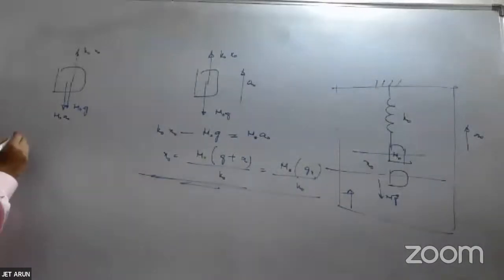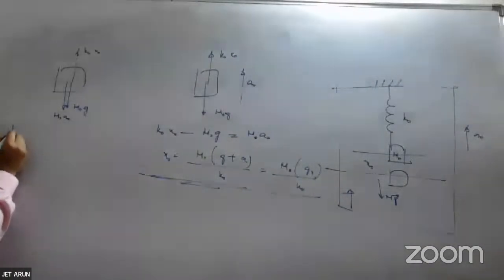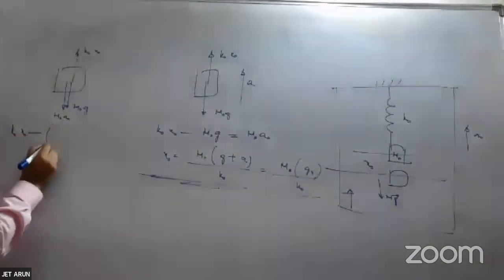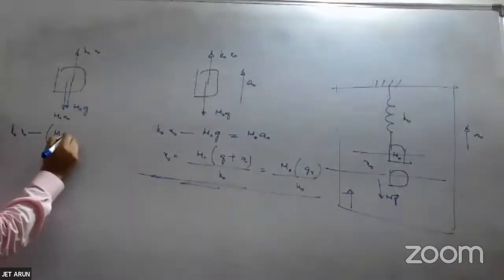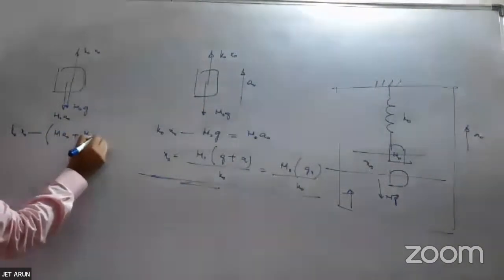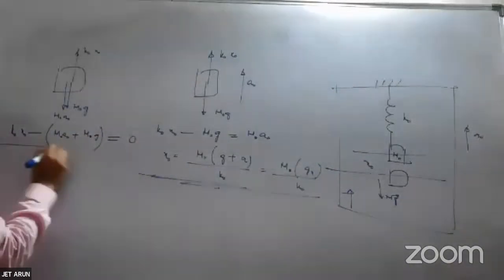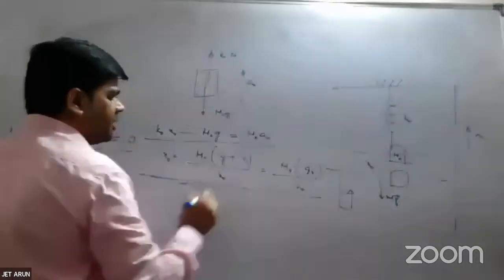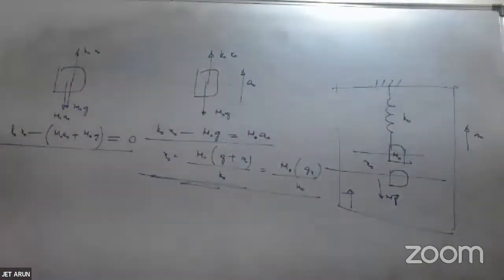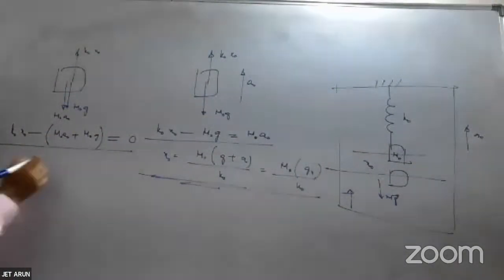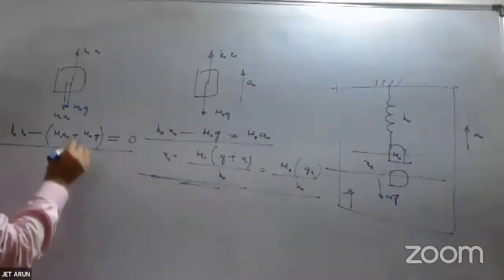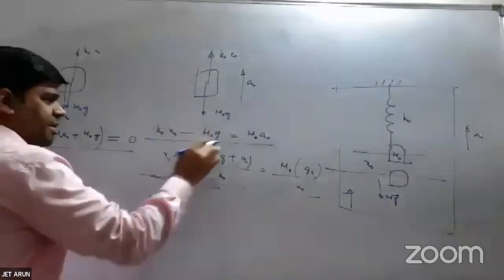All right, let's write the equations now. Now there is no acceleration, so I'll write k naught x naught minus m naught a plus m naught g equal to 0. Look at this, students. These two equations are mathematically equivalent, mathematically same actually. But this means different and this means different. This means it's in equilibrium. This means particle is accelerating.